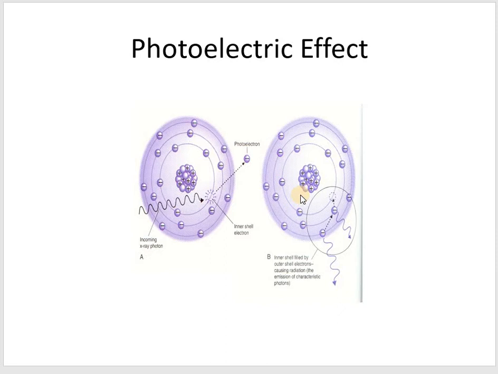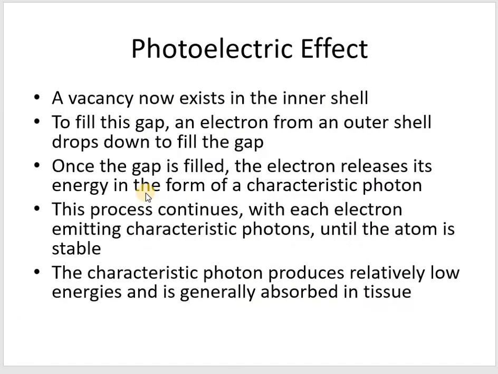By looking at this figure, at this moment you should be able to explain the interaction of a photon with the K-shell electron and the production of fluorescent X-ray. The vacancy is filled by electrons from outer shells, and this produces characteristic photons. But for human tissue, where the K-edge, L-edge and M-edge are very low, the characteristic photons produced are also very low in energy, and these are normally absorbed within the tissue and serve nothing.